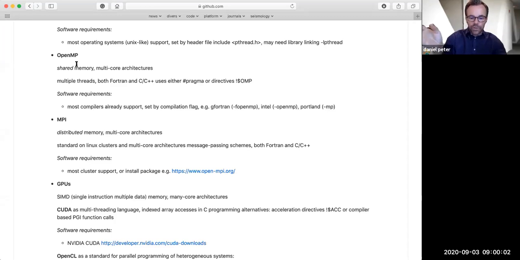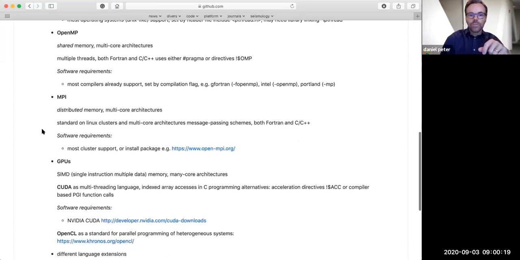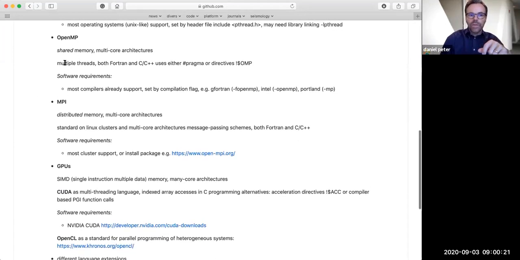They don't have to share memory with each other, but you have to pass information between your parallel processes. So it's a message passing interface. The main difference is between shared memory and distributed memory. Shared memory works with OpenMP. For MPI, you need it once you have distributed memory, once your memory is separate from one node to another node.